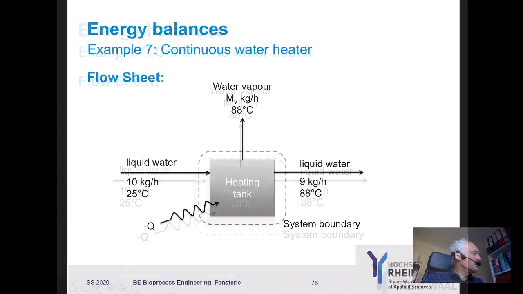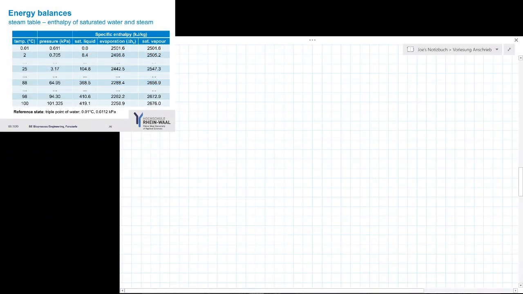So here we go. Okay, so we just copy the values here from the steam table. So we need H liquid H2O at 88 degrees Celsius is equal to, we have it from the table, 368.5 kilojoule per kilogram. And then we have the H saturated steam, also 88 degrees, and this is from the table 2656.9 kilojoule per kilogram.